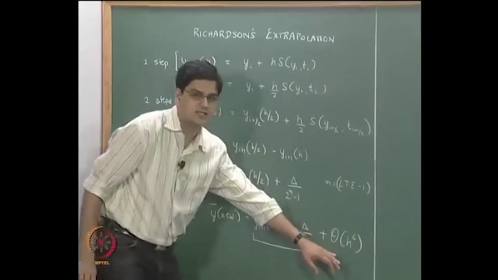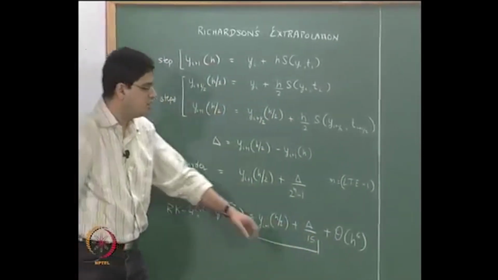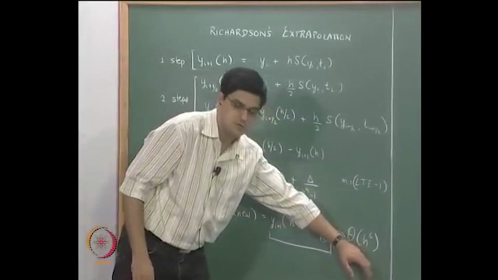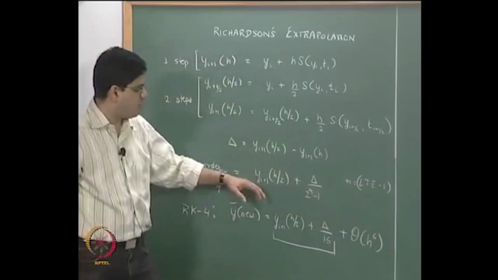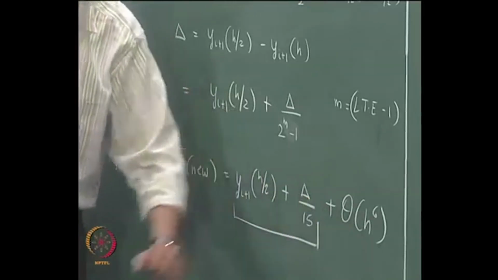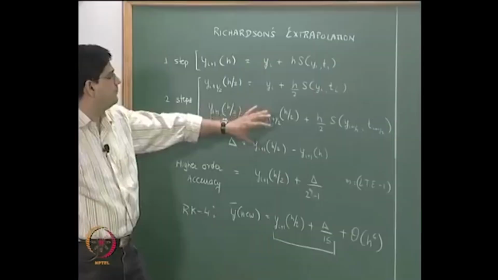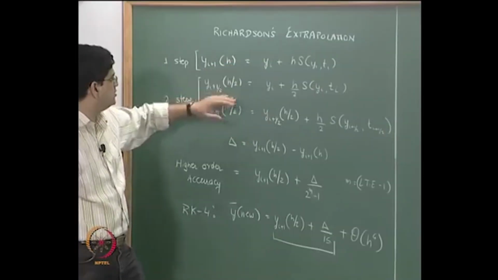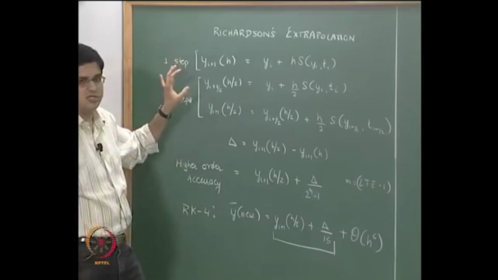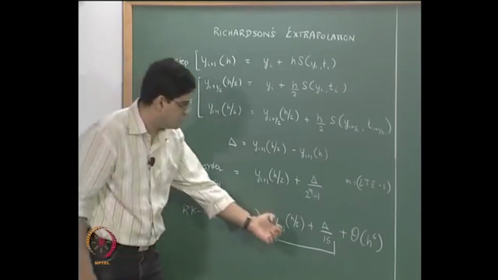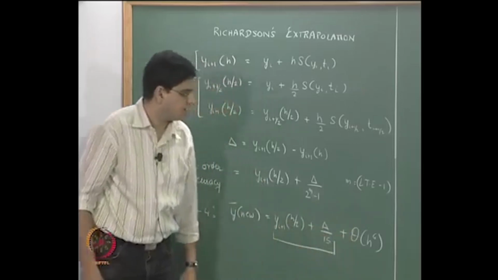plus the error, and the order of accuracy for this particular method is h to the power 6. So we have gone from an h to the power 5 accurate method to an h to the power 6 accurate method, essentially by using a one step solution and then a two step solution, and then using the difference between these two solutions in order to compute a higher order accurate solution.